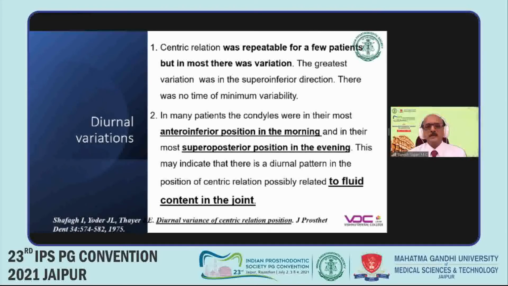As we rest in the night, the fluids may accumulate in the joint, and then the condyle may be in a slightly inferior position. Later in the evening, as the condyle keeps moving, the fluid churns out, and there may be very limited fluid in there, so we can have a more superior position in the evening. So what is the best time to record the centric relation? He said maybe sometime in the evening or noon is better rather than early mornings.